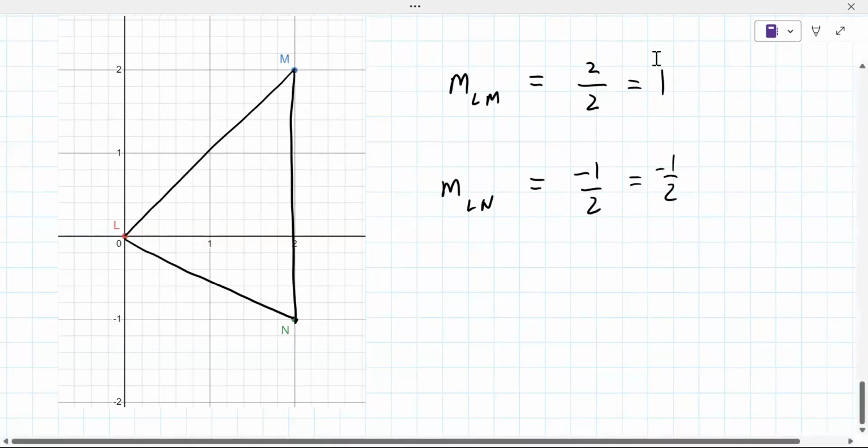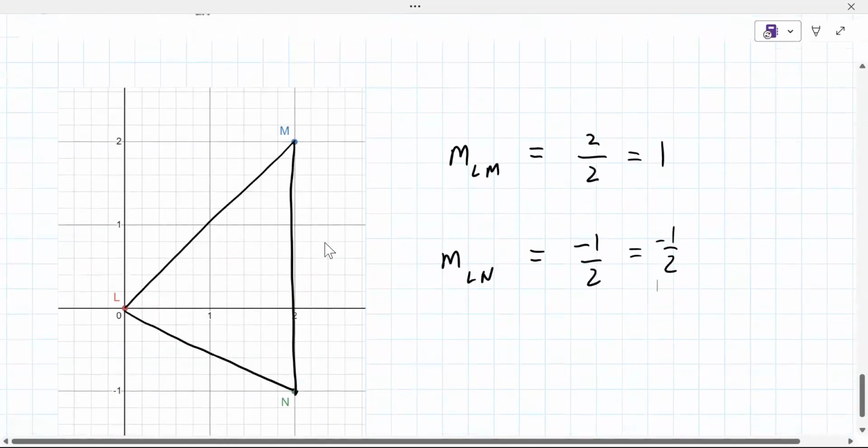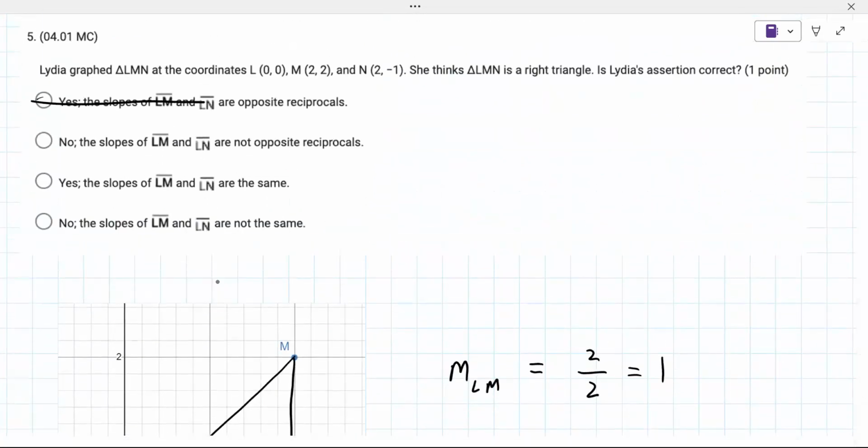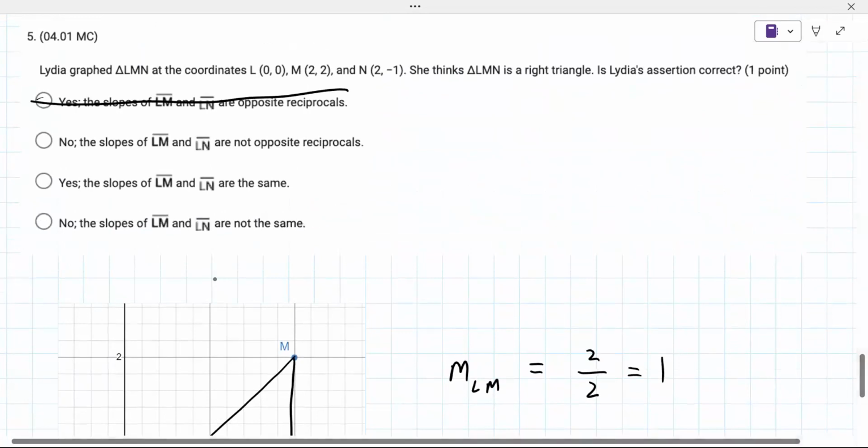So these are not opposite reciprocals. They don't multiply to -1. It's not a right triangle. So we say, no, it's not.